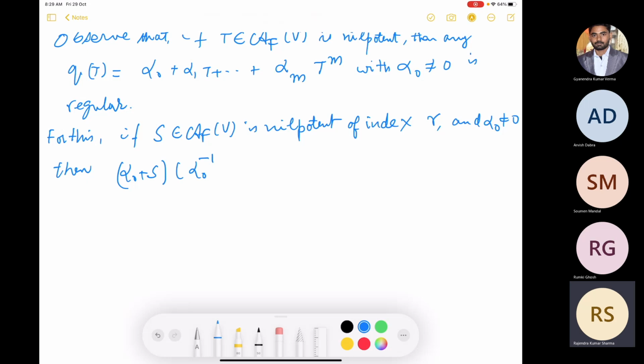It is alpha_0 inverse minus alpha_0 to the power minus 2 S plus alpha_0 to the power minus 3 S squared and so on, minus 1 to the power r minus 1 alpha_0 to the power minus r S to the power r minus 1.